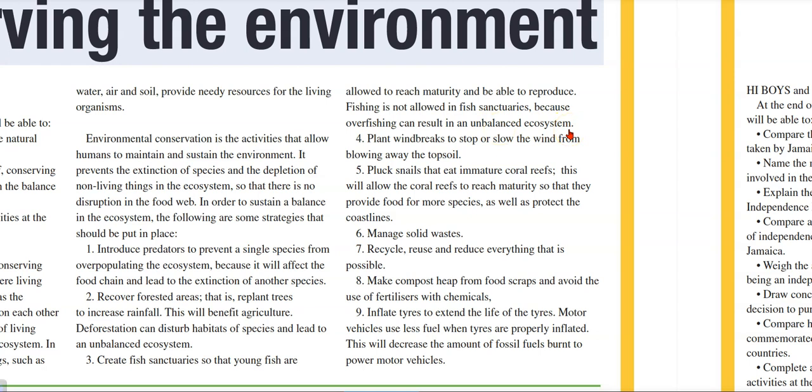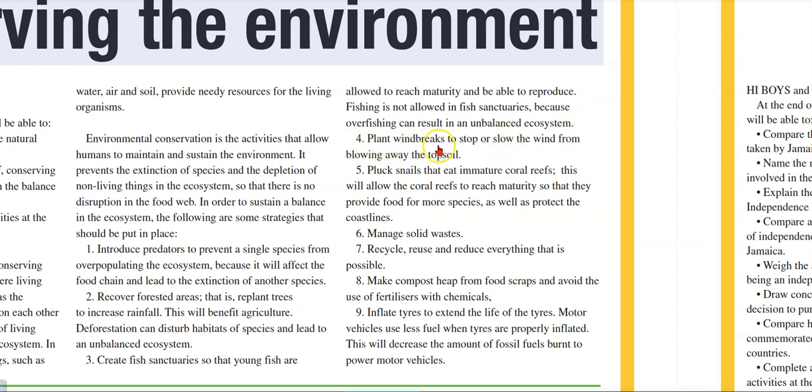So there are some places off the coast of Jamaica where baby fish in mangrove areas can go in there and hide from the bigger fish and from fishermen who would try to catch them. All right. And in these fish sanctuaries, they are allowed to develop to the point where they could reproduce to make more.